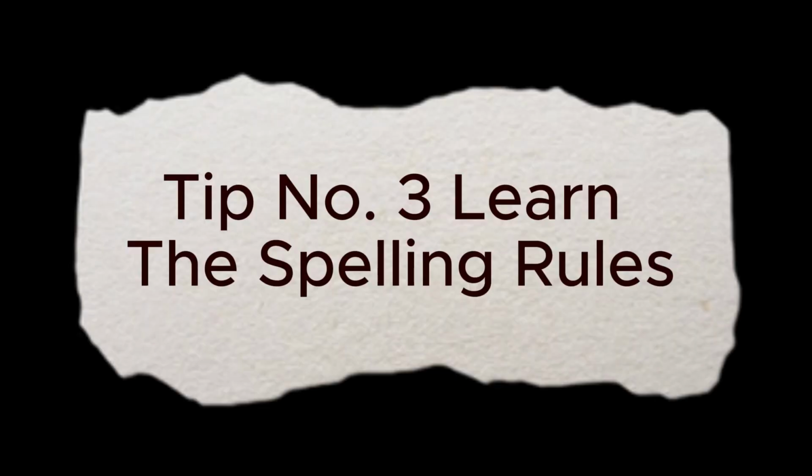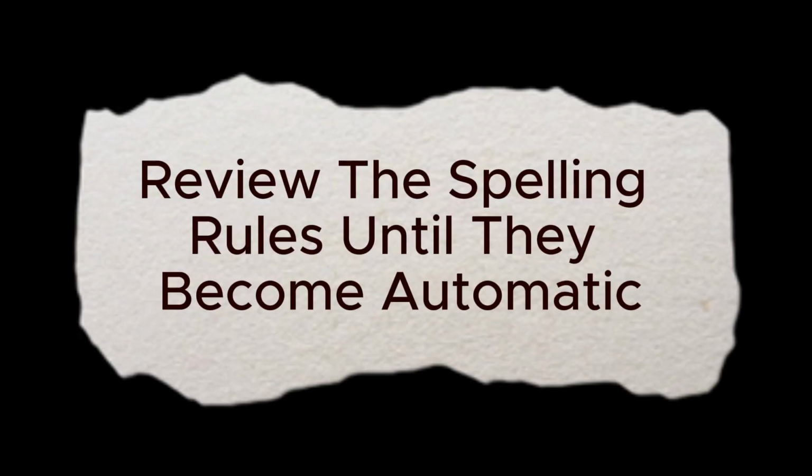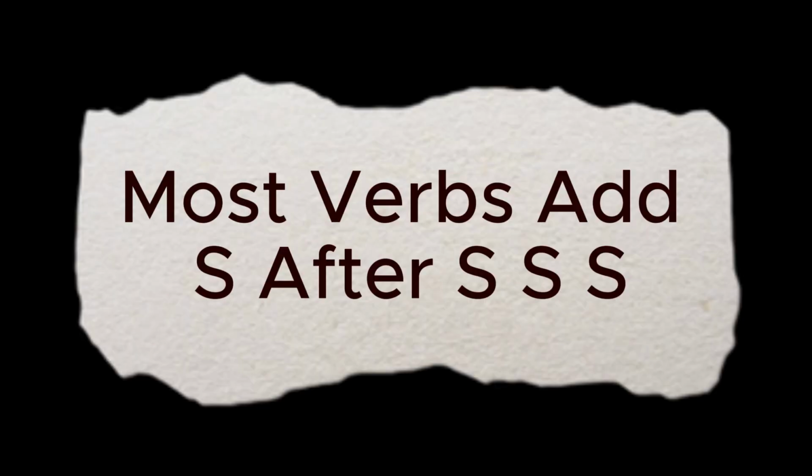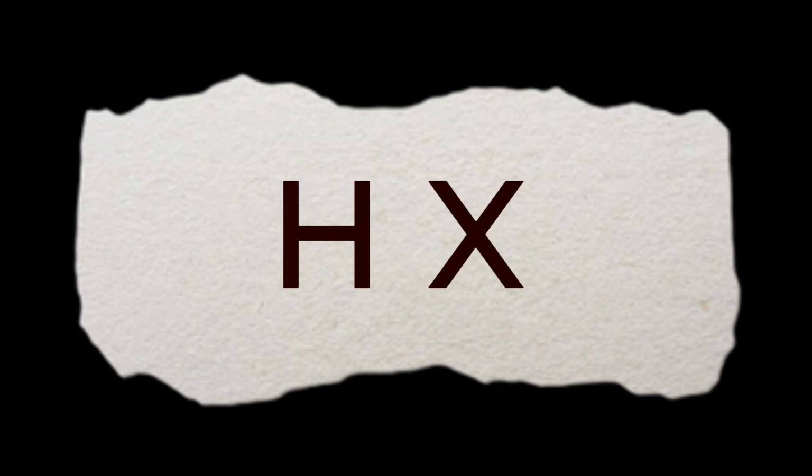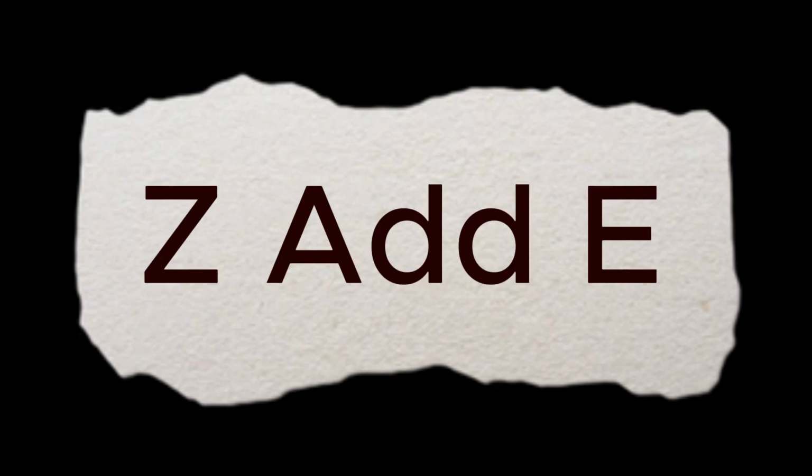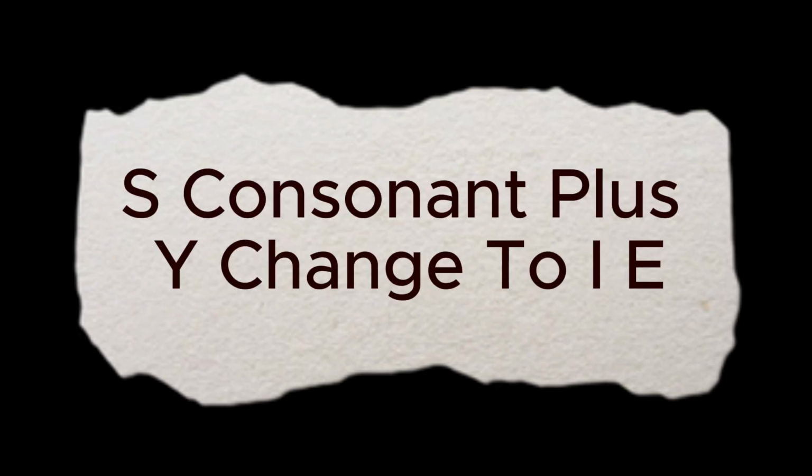Tip number 3. Learn the spelling rules. Review the spelling rules until they become automatic. Most verbs add s. After s, ss, sh, ch, x, z, add es.